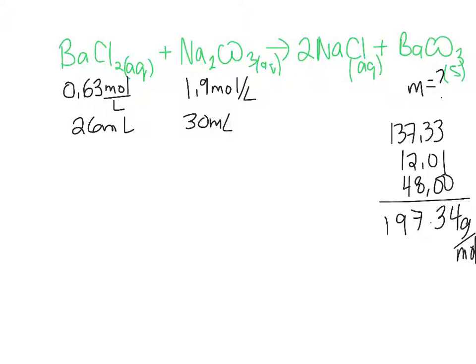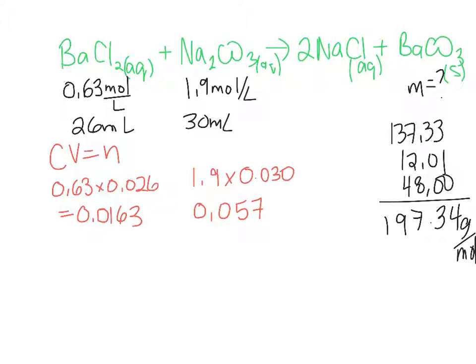All right, so calculate your moles of starting reagent. We've got the moles of starting reagent. Convert them to the moles of your solid product. So times, these are nice and easy. They're still 1/1.